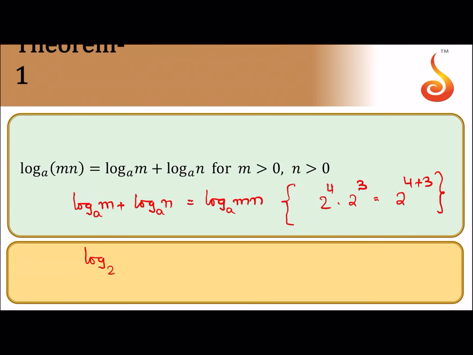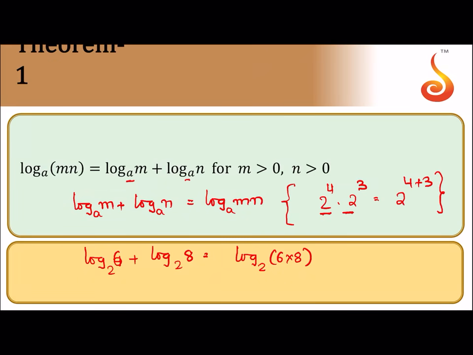So you are adding it. Similarly, log base a of m plus log base a of n is log base a of mn. Take one example. Log base 2 of 6 plus log base 2 of 8 is written as log base 2 of 6 into 8.